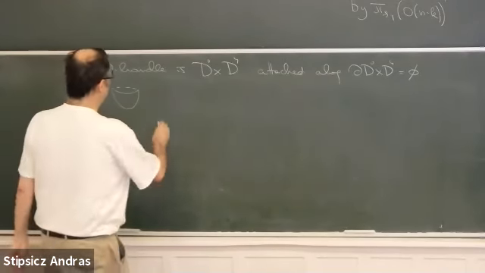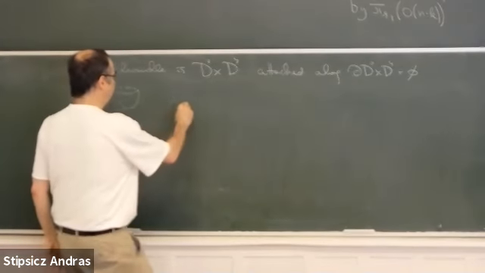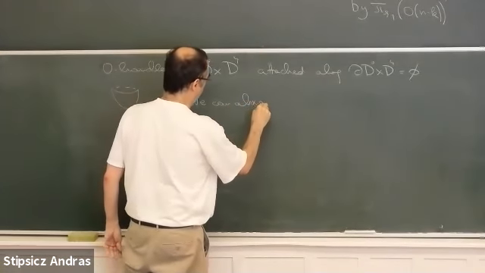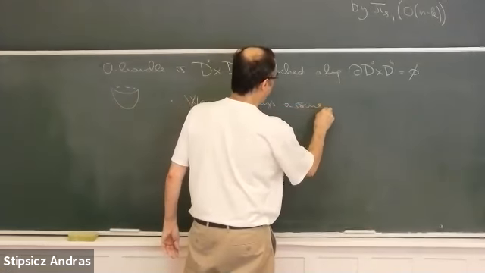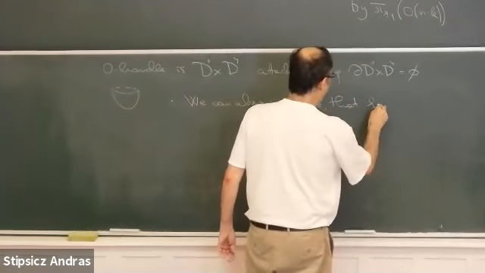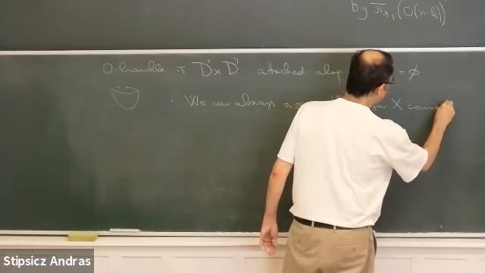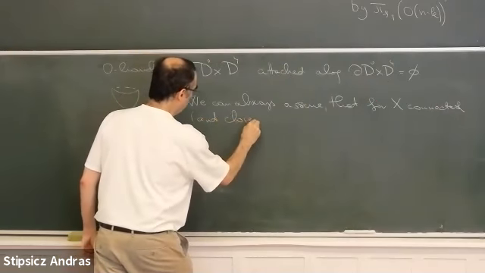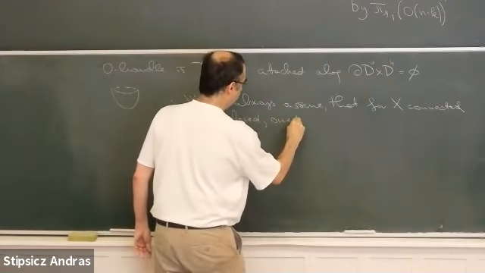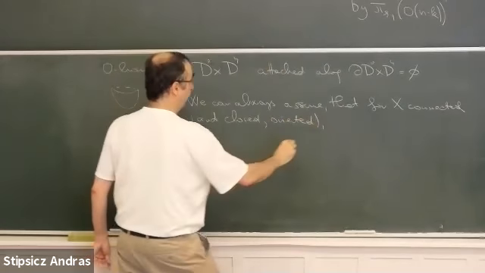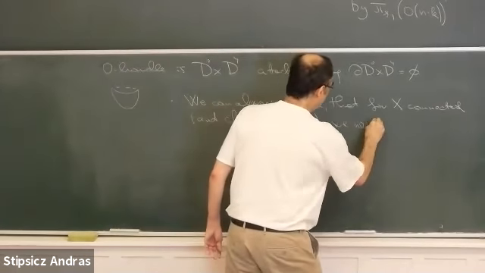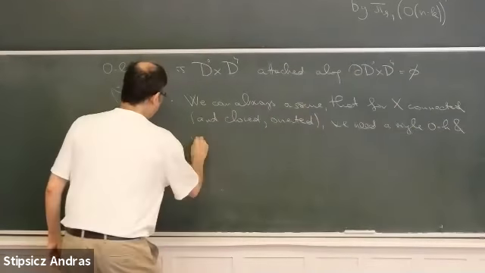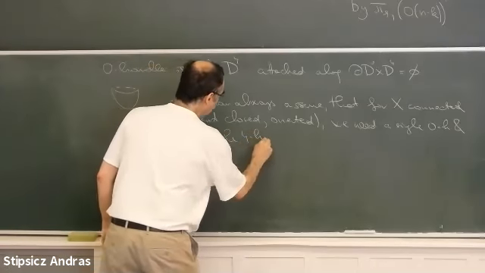And now I make a few statements. We can always assume that for X connected, closed as always, oriented, we need a single zero handle and a single four handle.